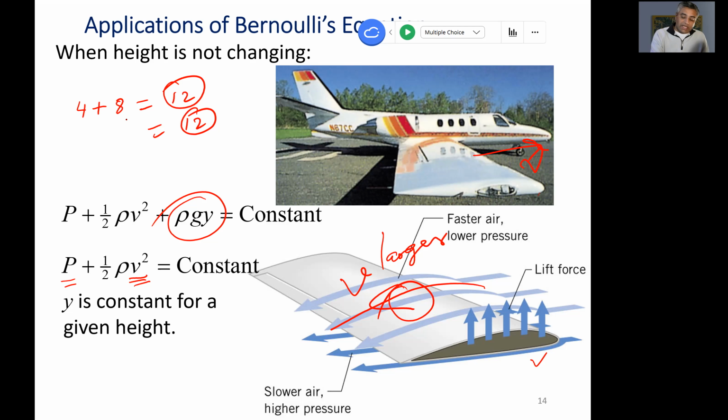So that means when this term becomes larger, let's say 8 becomes 10, for this to remain 12, you need just 2. So that means 4 decreased to 2. This term decreased when this term increased, okay? So when this term went up, became 10, this term went down.